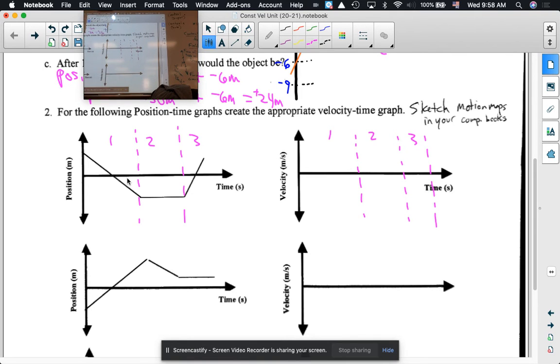Describing the slope. So describing the slope here on a position time graph means you are describing what?